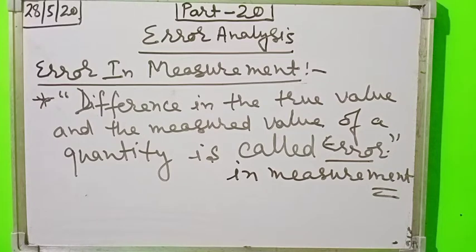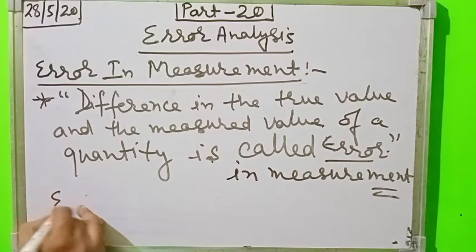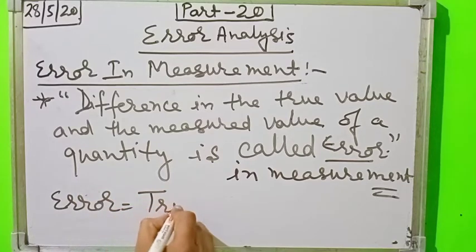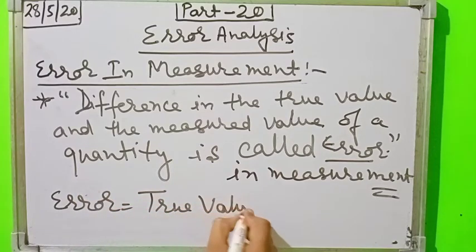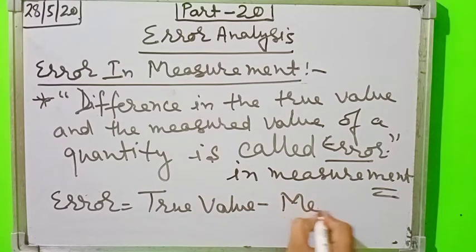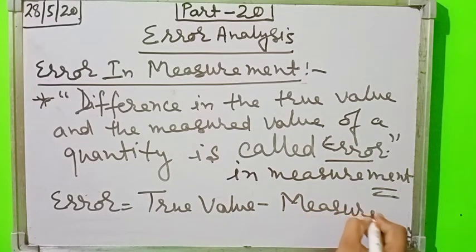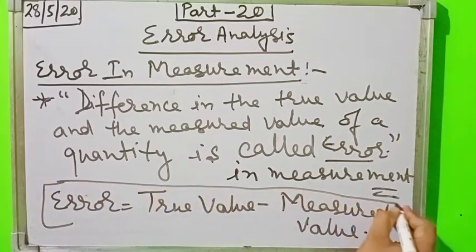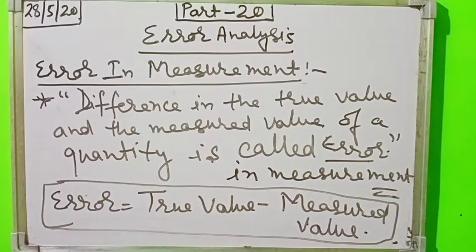So error is equal to true value minus measured value.